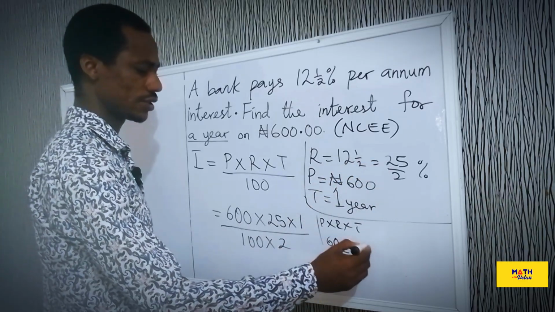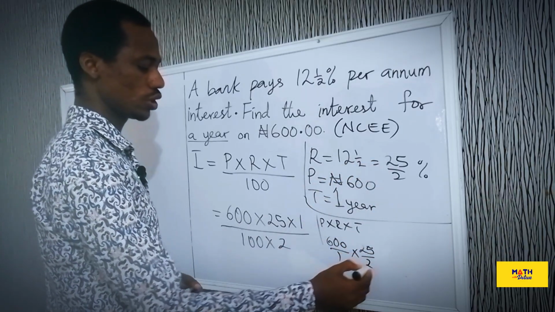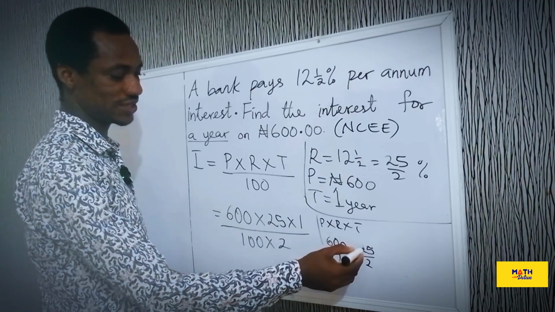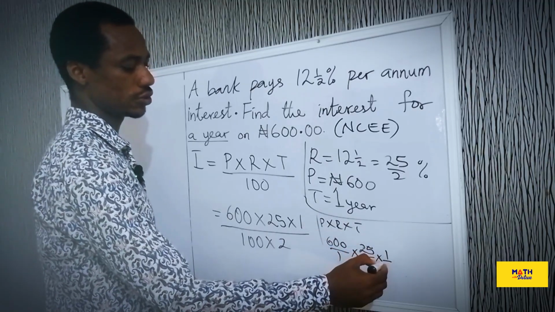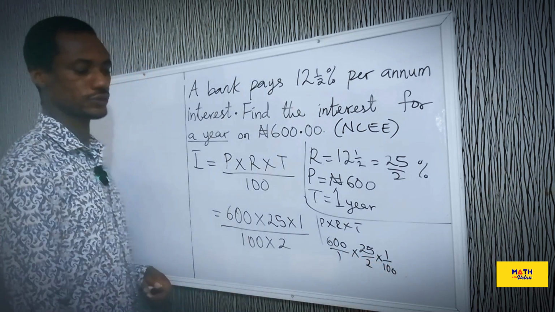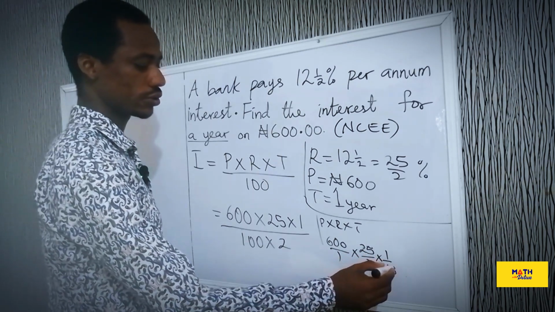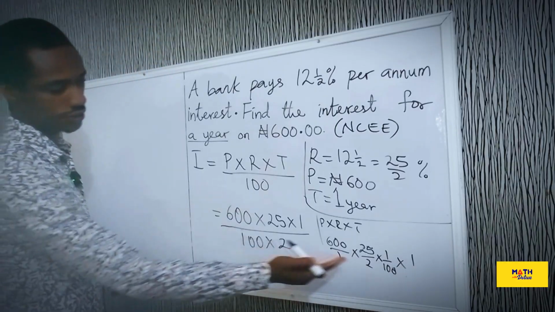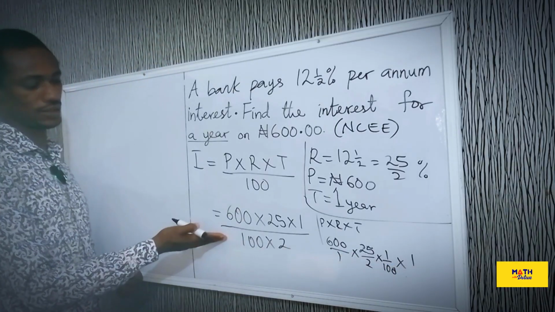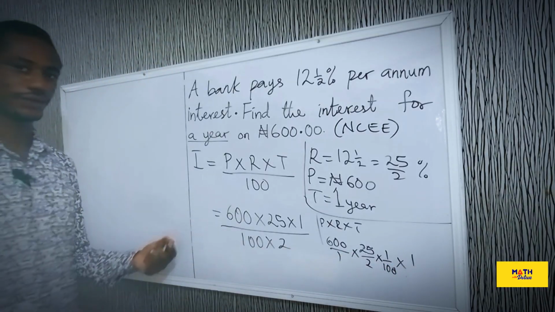So you can write that as 25 over 2 divided by 100. Dividing by 100, you can flip it and it becomes times 1 over 100, and then times your time, which is 1. So by the time you look at this, it's exactly the same thing we have here.